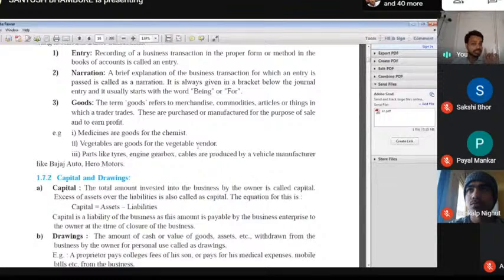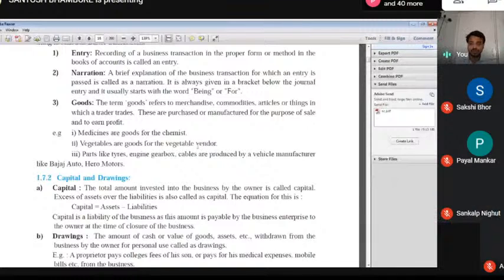Pen, pencil, this is our commodity, our article, our thing and our goods. All the words are similar to each other.